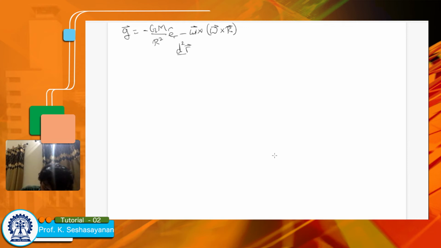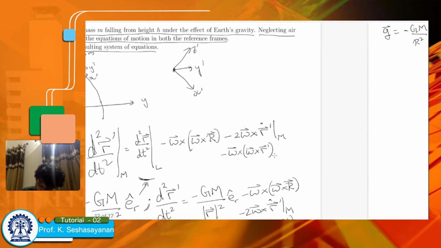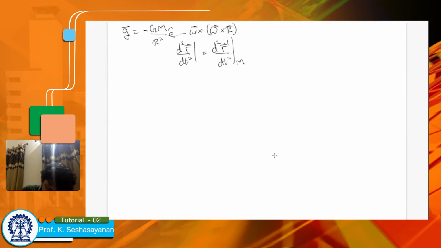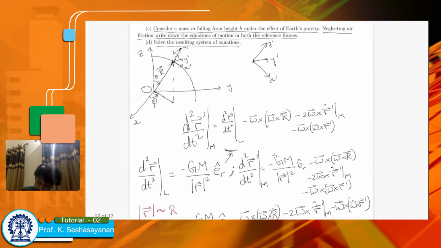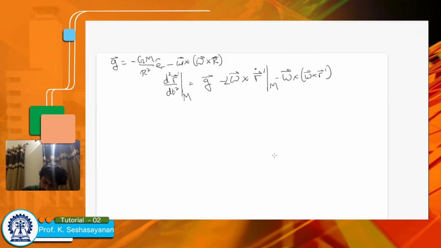So this gives d square r by dt square in the lab frame equal to d square r prime by dt square in the moving frame, which is equal to g vector minus omega cross 2 omega r prime vector in the moving frame minus omega cross omega cross r. So this is what I'm supposed to get.